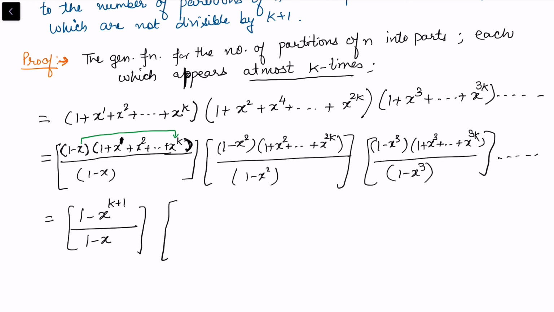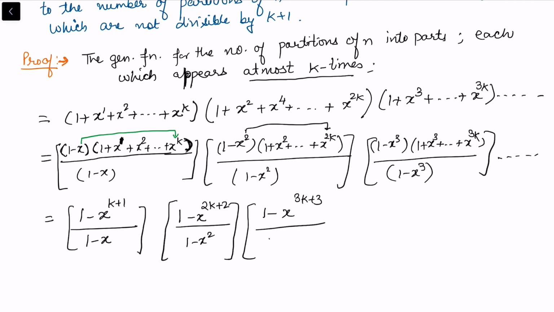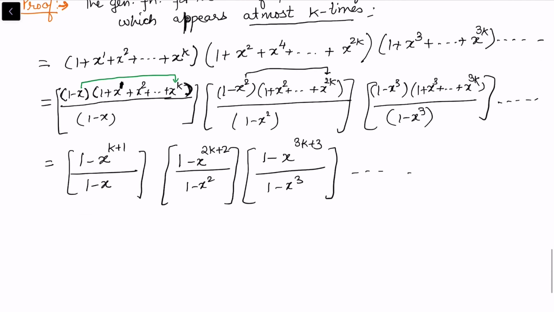Now the next term will give me 1 minus x square, and in the numerator I get 1 minus x to the power 2k plus 2. So just add the last two, other terms get cancelled. The next term gives me 1 minus x to the power 3k plus 3, and then we get 1 minus x cube and so on. Now if you look carefully, in the numerator we only have multiples of k plus 1.